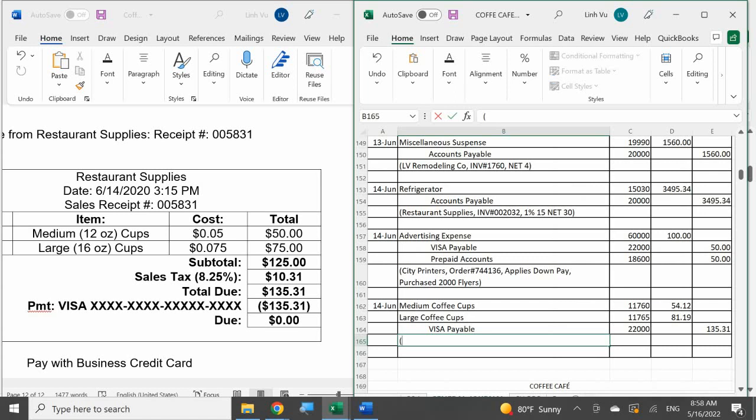Okay, and we have all the information we need for this transaction, right? Who did we buy from? Restaurant Supplies. Under Restaurant Supplies, we got the sales receipt, so SR number 005831. What did you buy? 2,000 coffee cups.